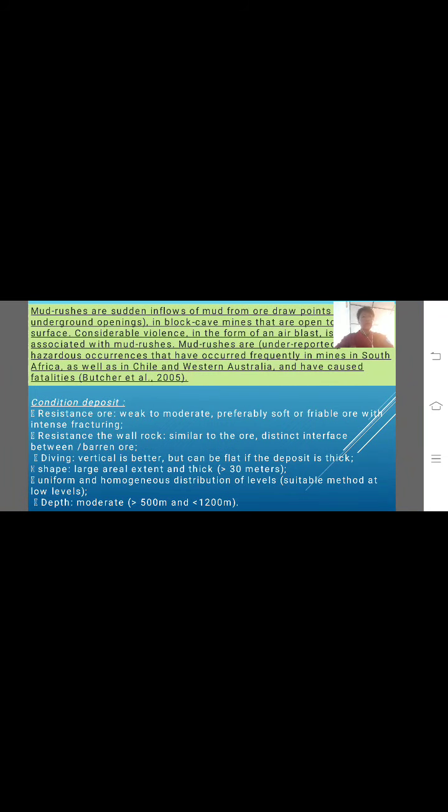And the conditions for the deposit for this block caving method: the ore resistance should be weak to moderate, preferably soft or friable ore with intense fracturing.